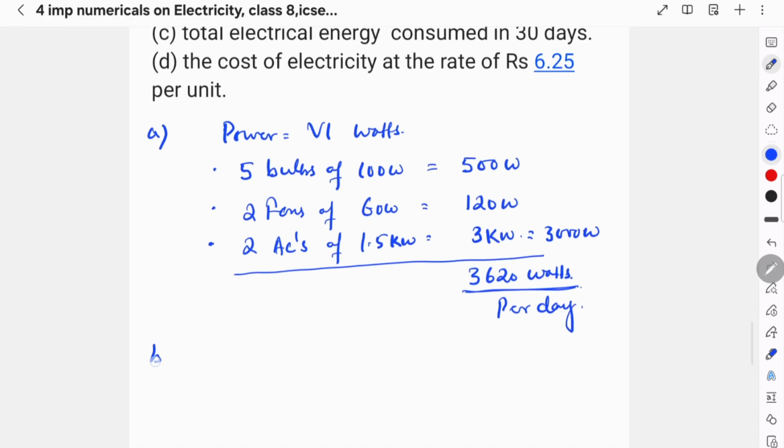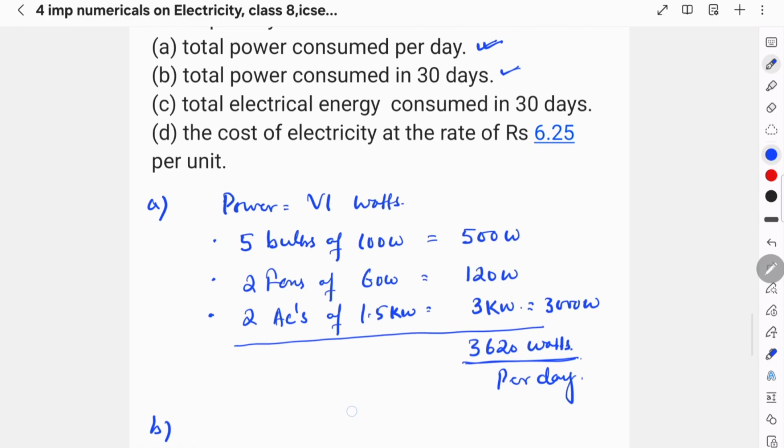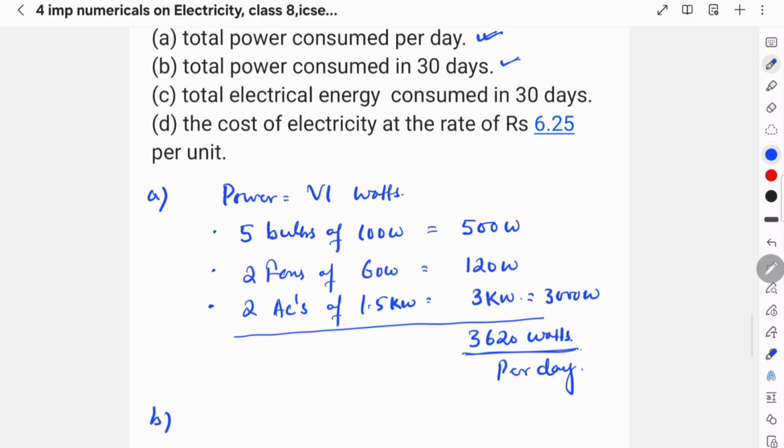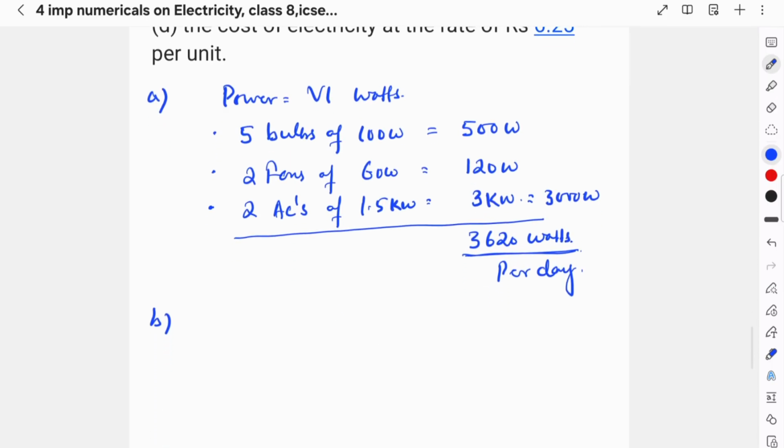Now in the part B, they are asking total power consumed in 30 days. So in one day we are consuming 3620 watts. So in 30 days, how many? In 30 days, we will consume 3620 into 30 watts of power.